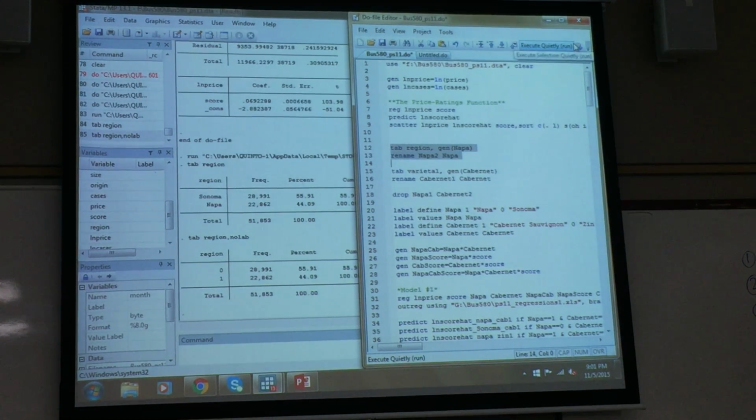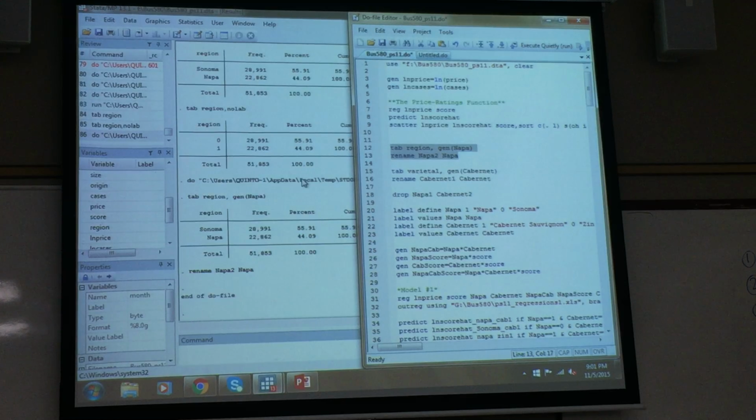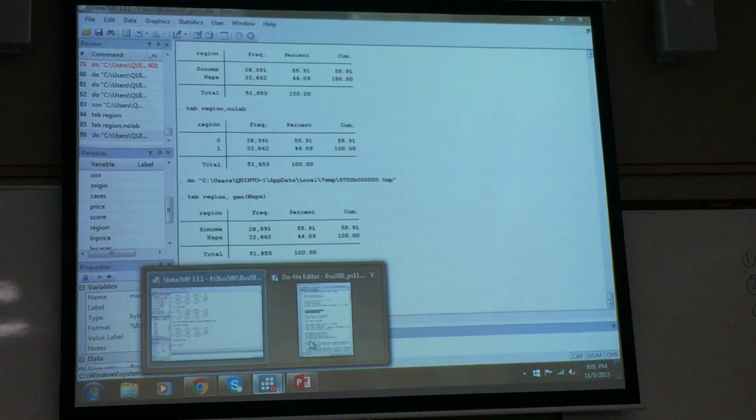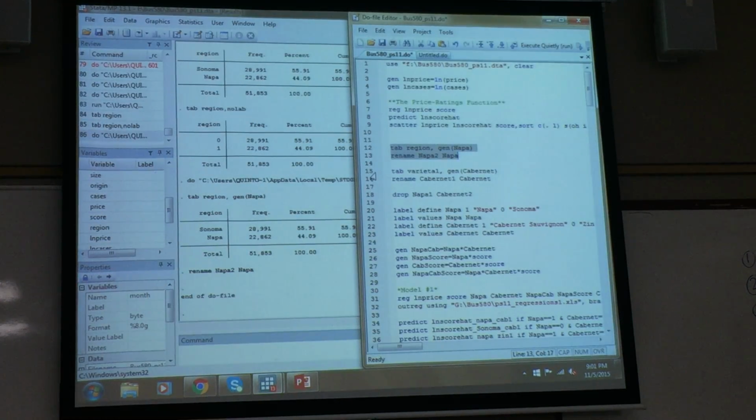I did this, but you don't have to. You could have used region as a dummy, or we could rename region Napa. Either way, it'll come out the same. All right, so now we've got a Napa dummy. Let's tab varietal.